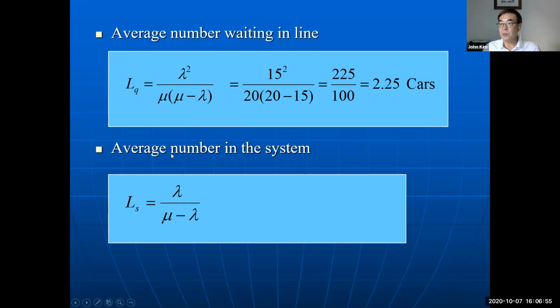And the total number of customers in the system, LS, equals arrival rate divided by service rate minus arrival rate, so 15 divided by (20 minus 15). On average, 3 customers or cars in the system.